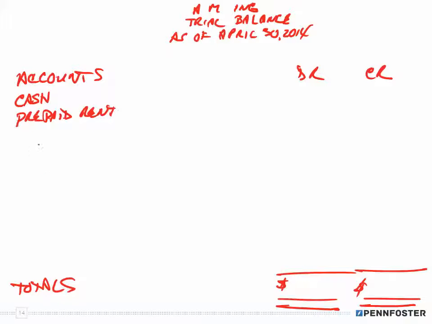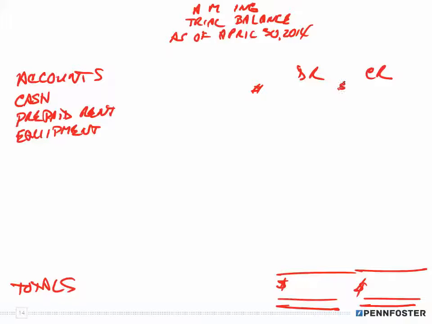But equipment would be third because we would have to actually sell the piece of equipment in order to convert it into cash. So that's the way the accounts would be listed in order. Since they're all assets, they all belong in the debit column.